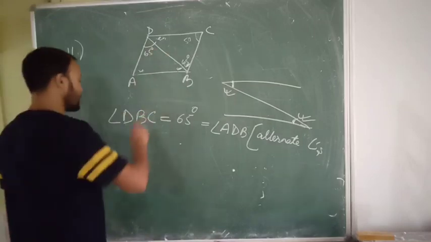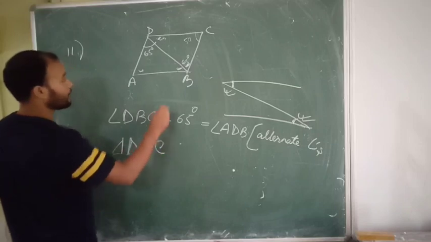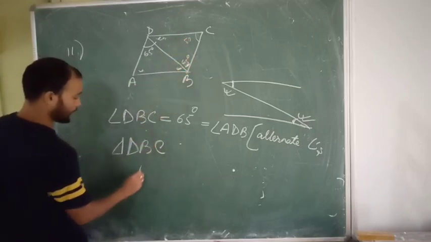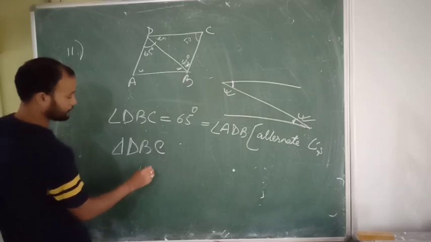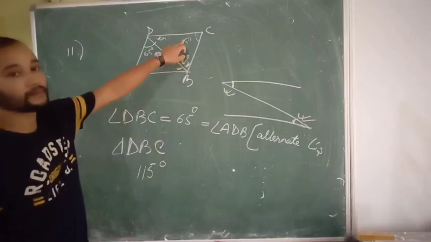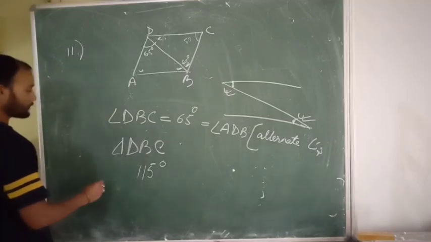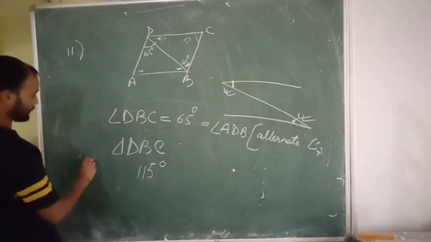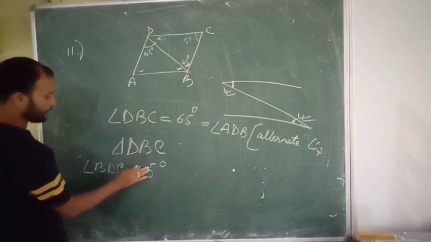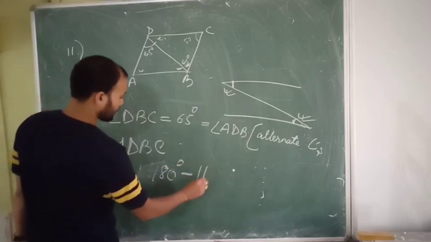Now see, considering this triangle DBC, two angles are given, that is 65 degree plus 50 degree, that is 115 degree. Now what will be the value of this? Obviously angle BDC will be equal to 180 degree minus 115 degree.